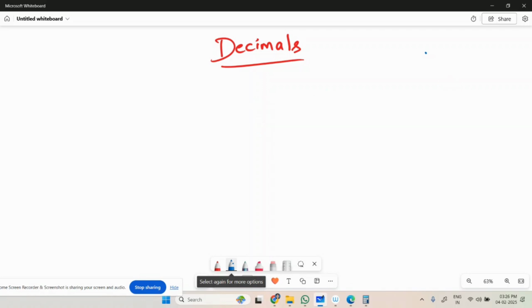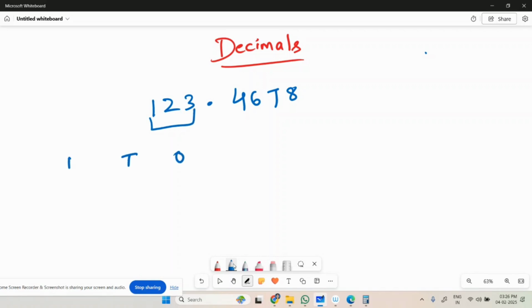Let's say 123.4678 is there. Here the place values of the whole number part are ones, tens, hundreds, as usual. But when it comes to the fractional part, we write tenth place, hundredth place, thousandth place, ten-thousandth place, because this is a fractional part.